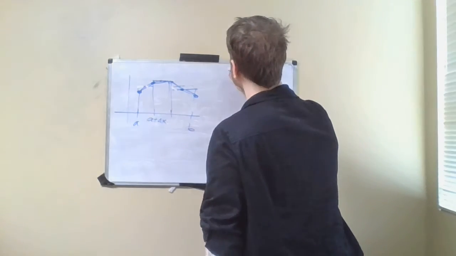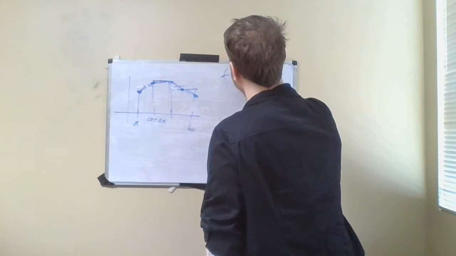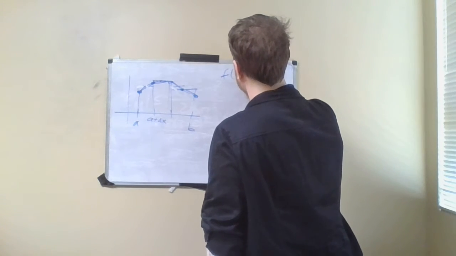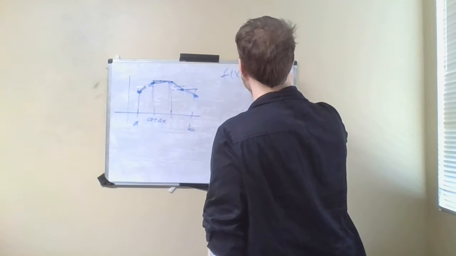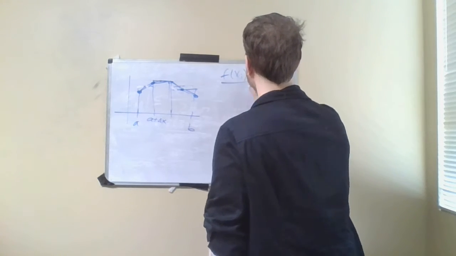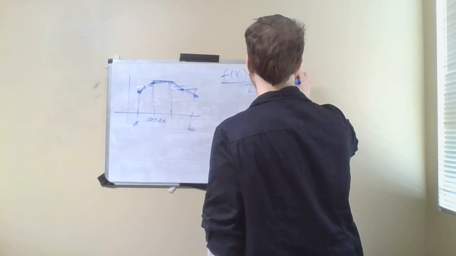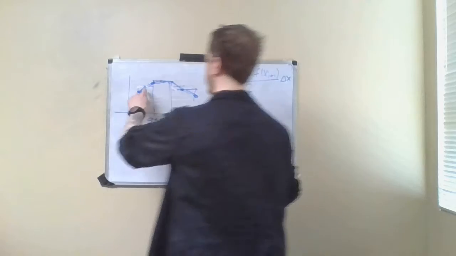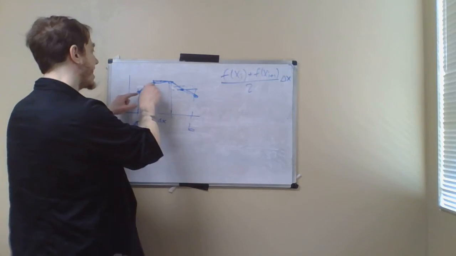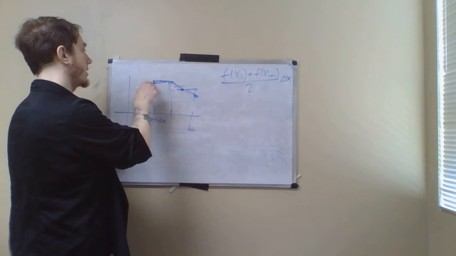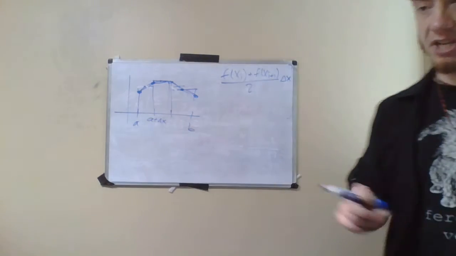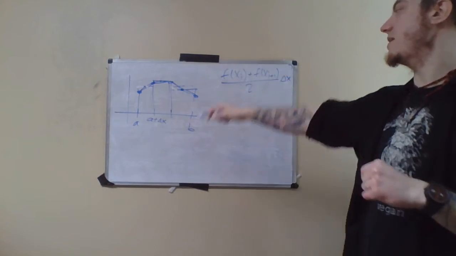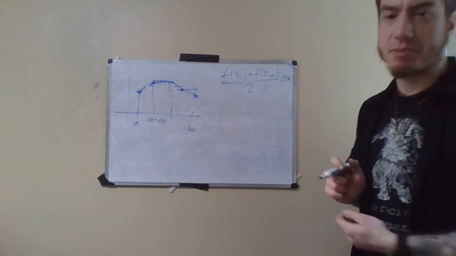Well, it's going to be f of xi plus f of xi plus 1, divided by 2, times delta x, because we're taking the average height of the function, the average of the 2 endpoints, the average of the heights of the edges of this trapezoid. To get that, we take those 2 heights, add them, and divide by 2, and then we have to multiply by the width of the trapezoid.